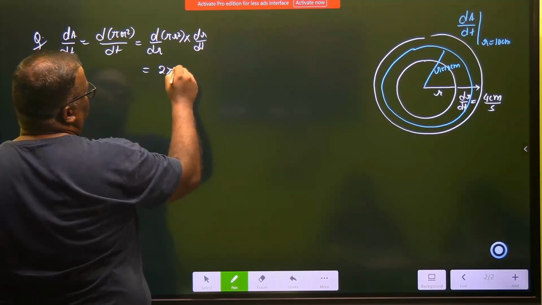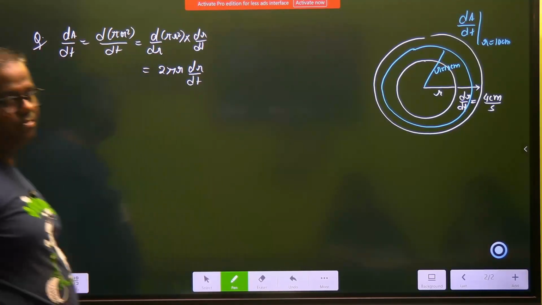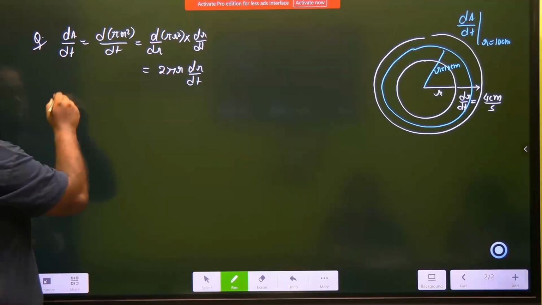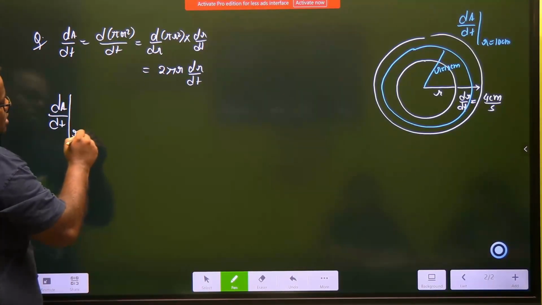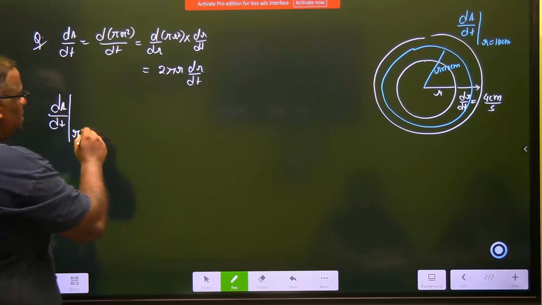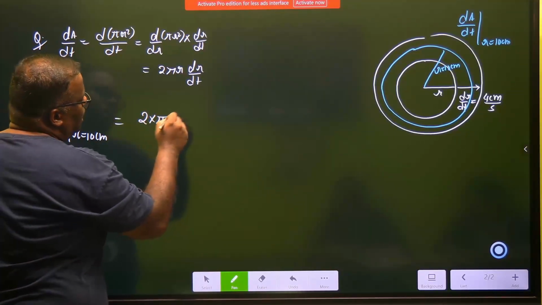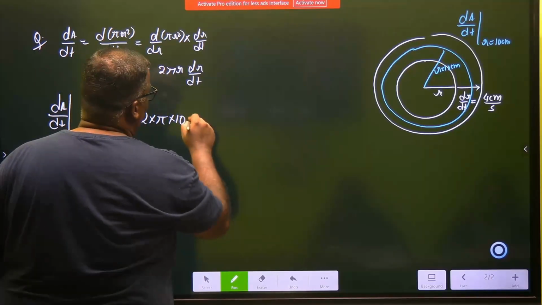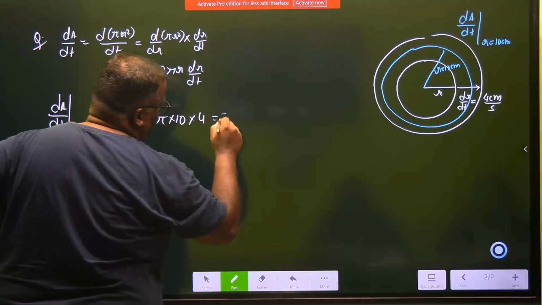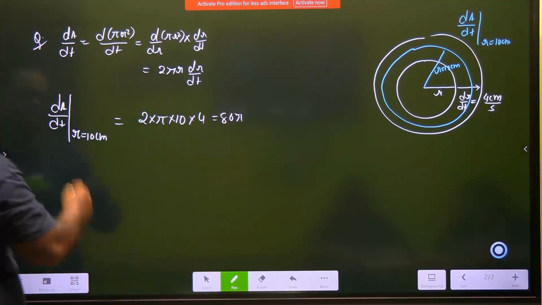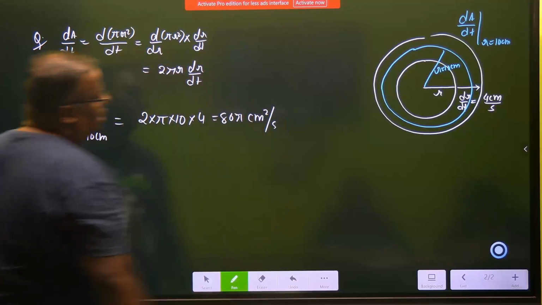But you have been asked to find dA by dt when r is 10 centimeters. So fill in your data: 2 into pi into 10, and dr by dt is given as 4. So your answer is 80 pi. What should be the unit? Area with respect to time, so cm square per second.